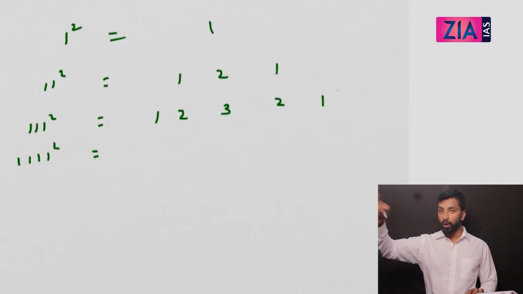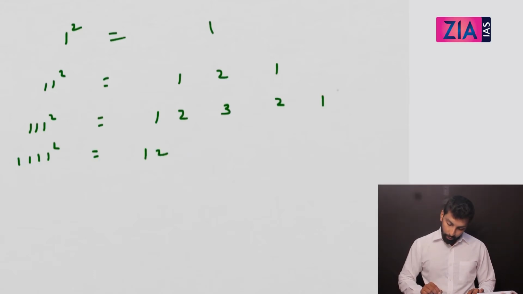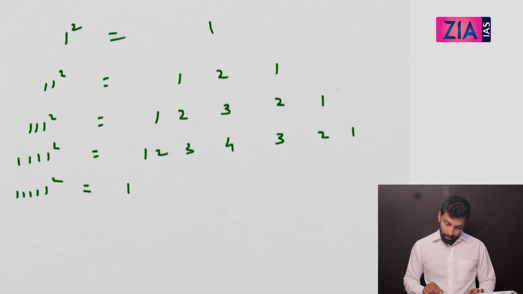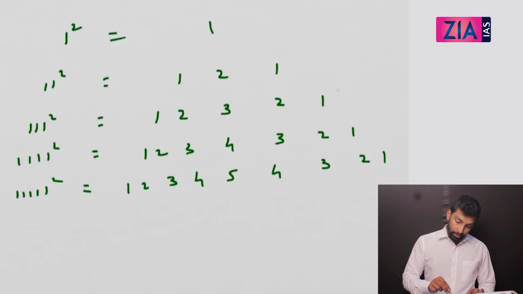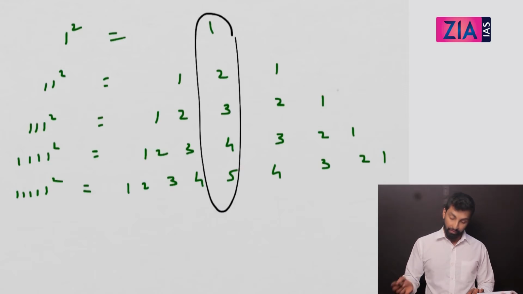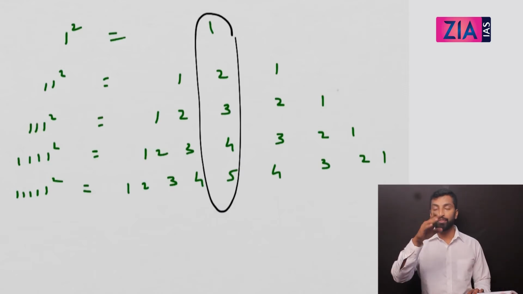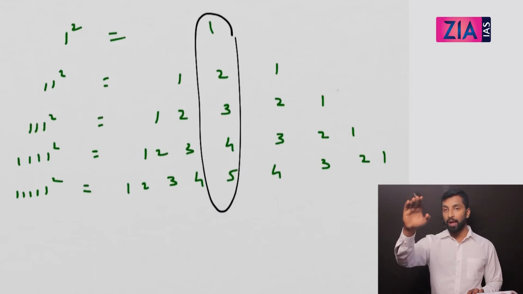It will go up to 4 and come back: 1, 2, 3, 4, 3, 2, 1. So 5 times 1 will be 1, 2, 3, 4, 5, 4, 3, 2, 1. Go up to 5, come back.